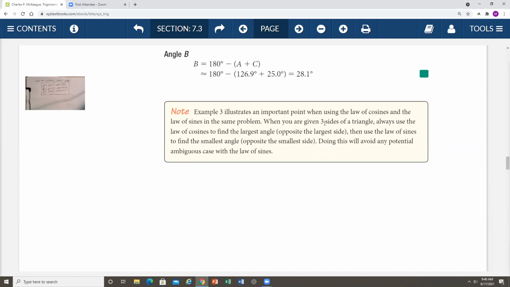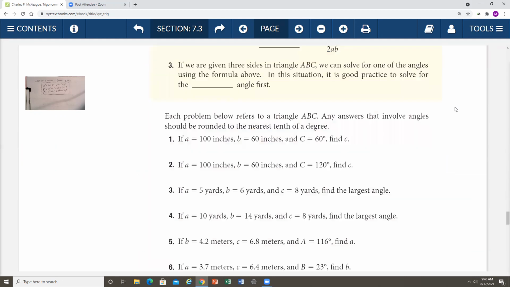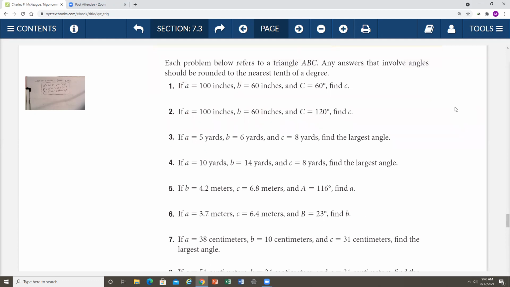So if you just know three sides of a triangle and you want to try to solve the triangle, you want to use the law of cosines to crack the ice to find the largest angle opposite the largest side. Then proceed onward by using the law of sines to find the smallest angle opposite the smallest side. Okay. By that way, you can avoid any pitfall involving what's known as an ambiguous case.